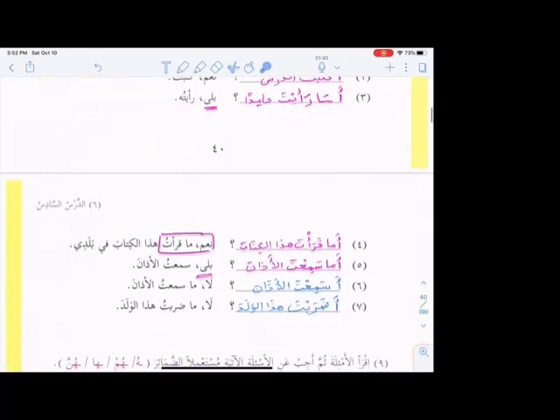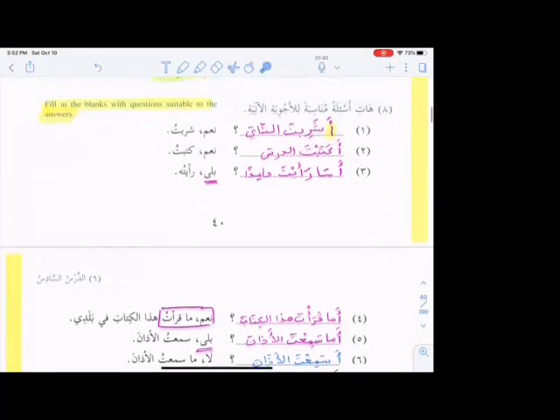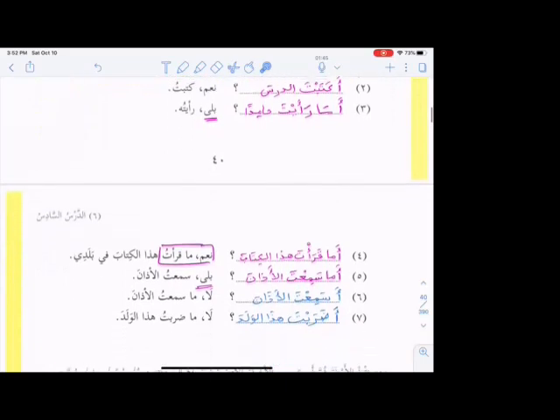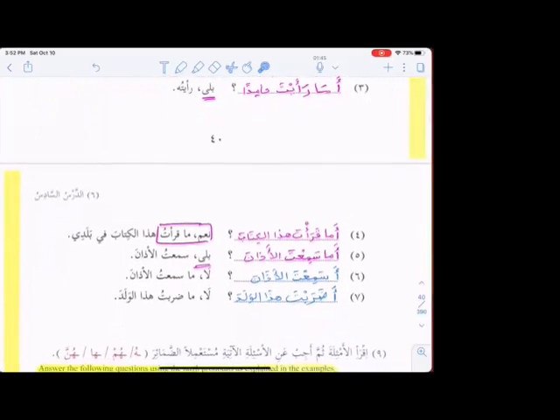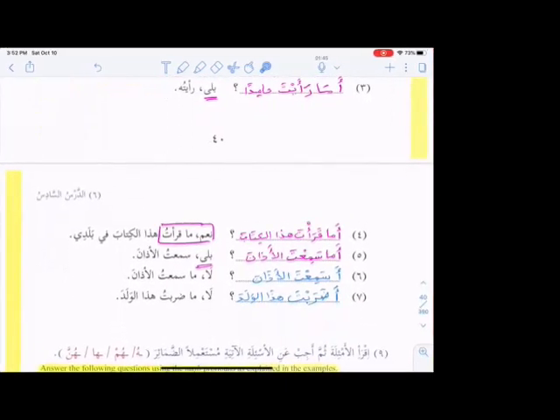Now here, ama, we have to put a question. Ama karata hadal kitaba, we are agreeing with the question, you will say, naam, ma karatu. Yes, I did not read this.